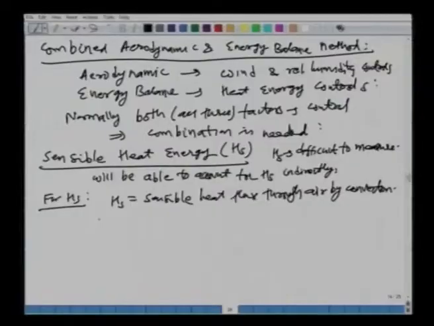So, that is physically what this variable is. Similar to that is Lv m dot V. What is it? It is the vapor flux, which we have seen already in the aerodynamic method. It is the vapor flux through the air by convection.